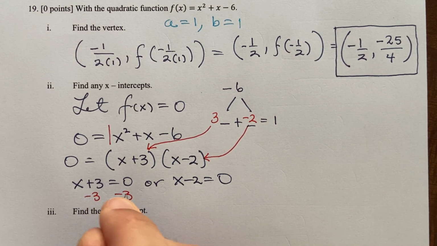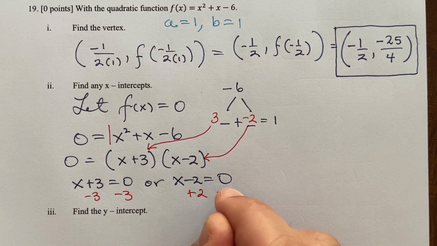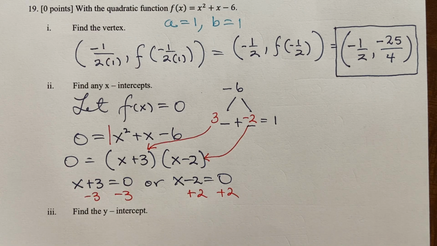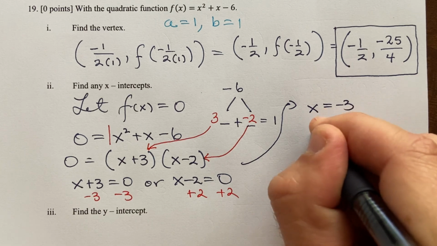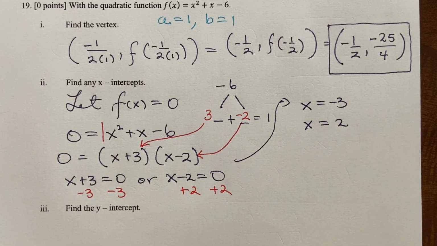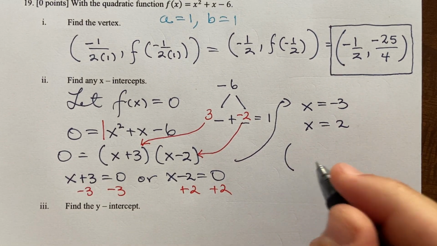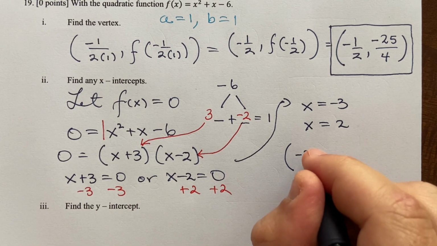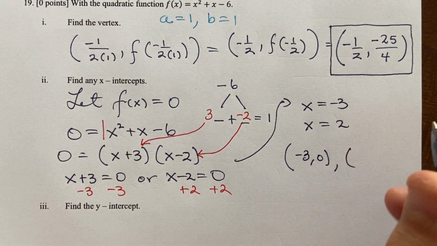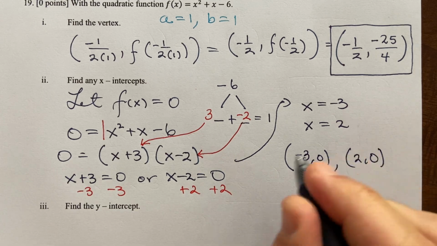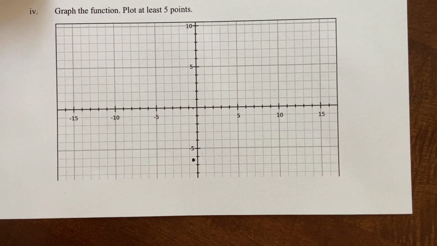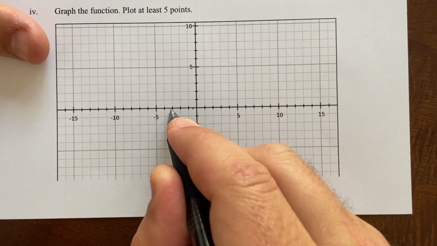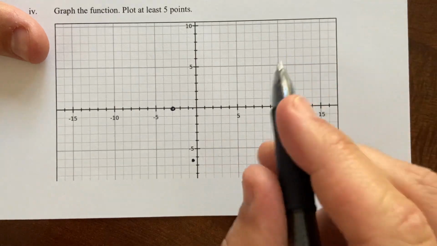So in other words, negative 3 and positive 2. So x equals negative 3, x equals 2, but you do want to write these as a point typically. So negative 3, 0, and 2, 0. The x-intercepts for this one, I'll go down here and plot those. So negative 3, 0, and 2, 0.